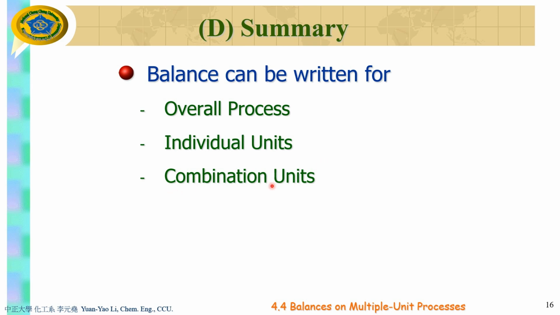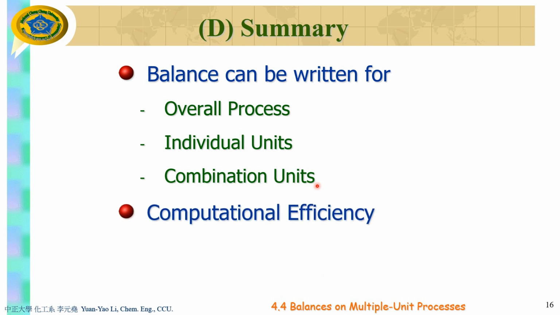Third is combination units. It can be a 2 combination unit system, it can be 3, it can be 4, it can be 5. And you need to consider computational efficiency, right? Solve the equation which has fewer unknowns first.